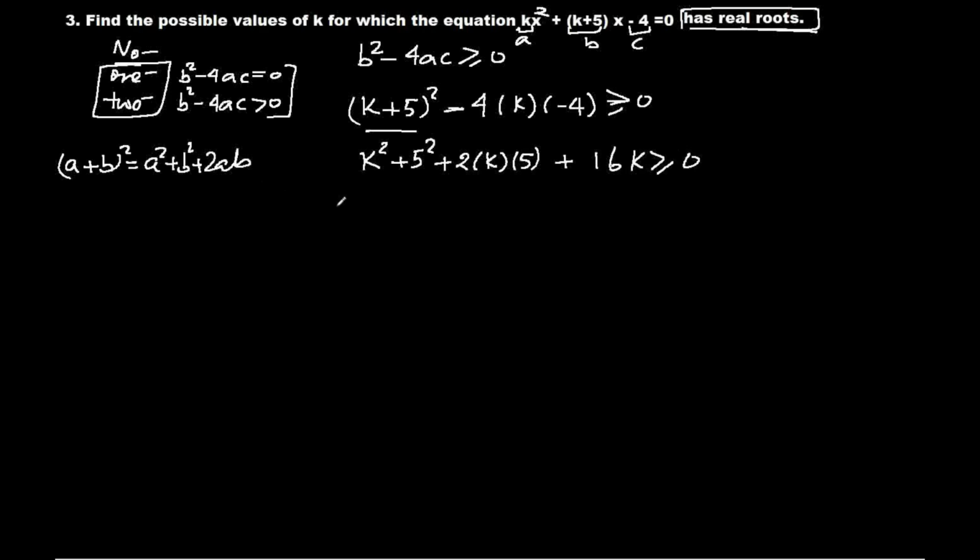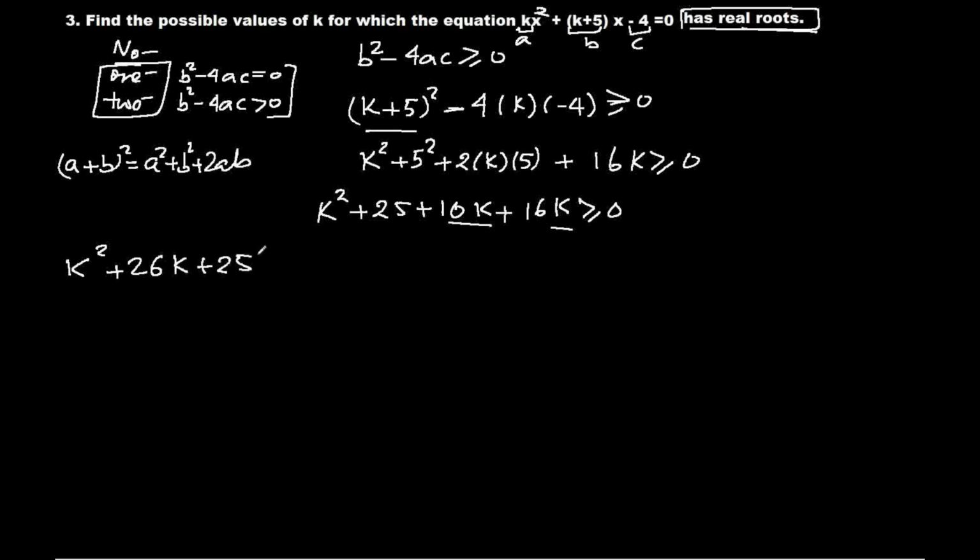Alright, so let's simplify this now. k square plus 25 plus 10k plus 16k is greater than or equal to 0. It becomes k square, then 10k and 16k, 26k, plus 25 is greater than or equal to 0.